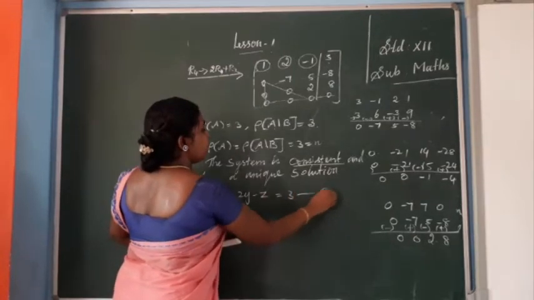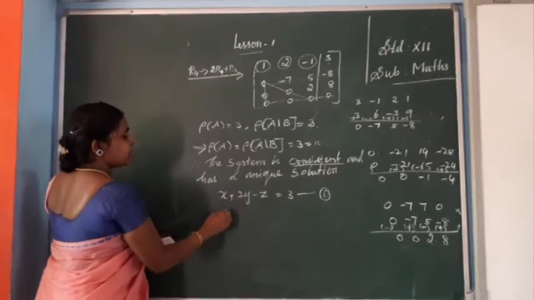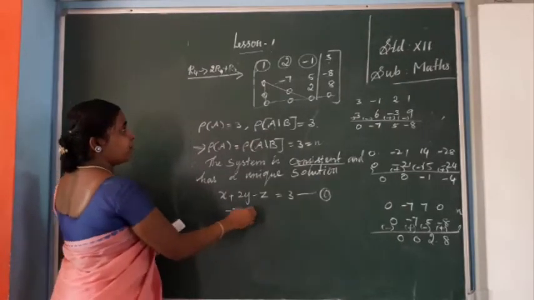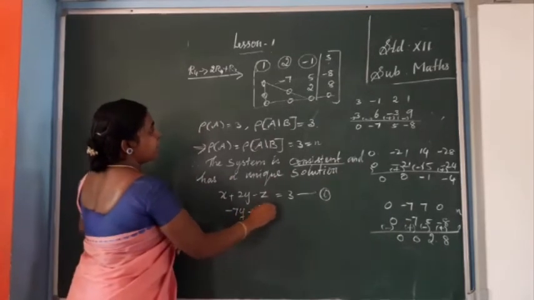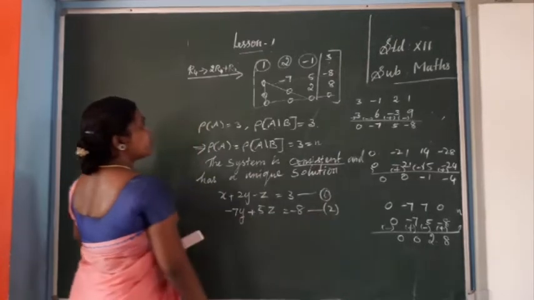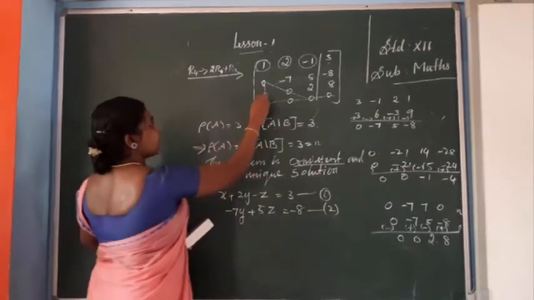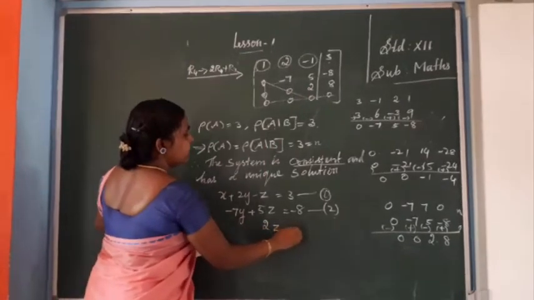This is equation 1. Then you move to the second equation. The y term is minus 7, so minus 7y, then the Z term is 5, so plus 5z equal to minus 8. This is equation 2. Next you see the third row. In the third row x and y are 0, then Z is there, so 2z equal to 8.